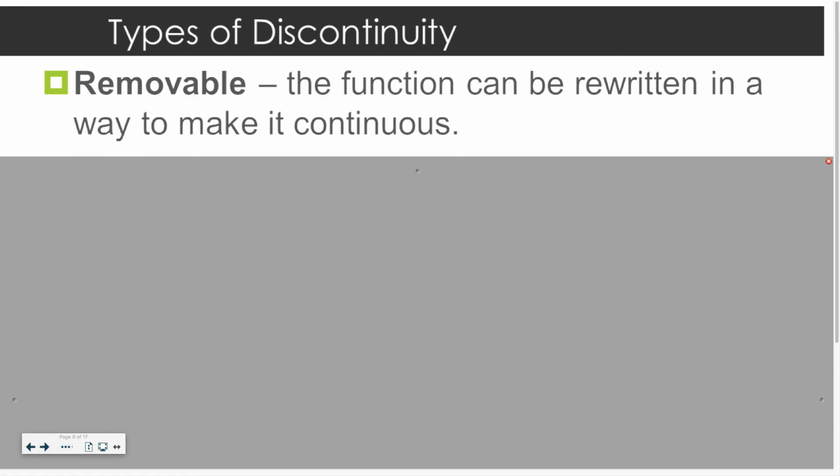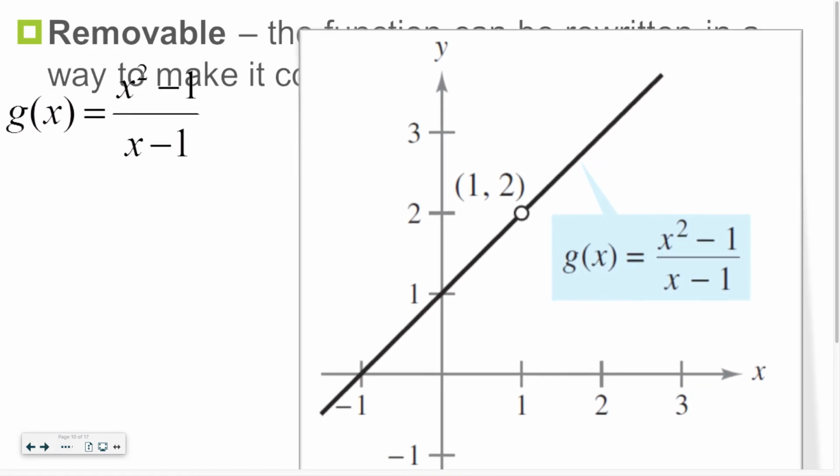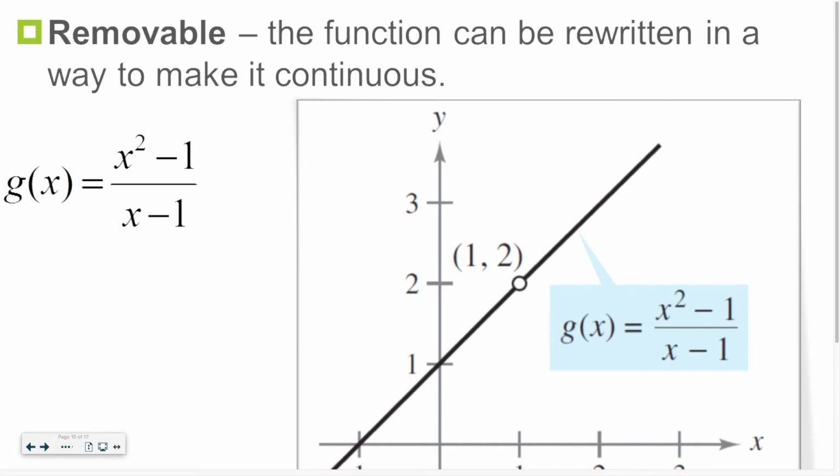So anytime we have a hole, that's going to be a removable discontinuity. Go ahead and write down this function for me. Okay, so we could easily remove the discontinuity by filling in the hole.